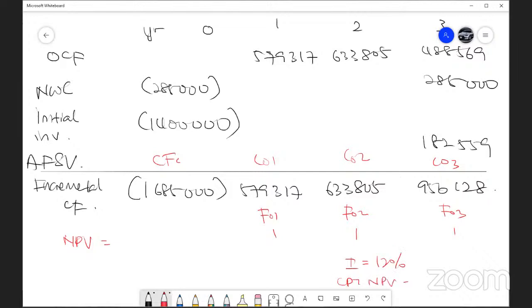Compute NPV. $18,065.81. Okay, very good. 18,065.81. Positive NPV also, so therefore accept.